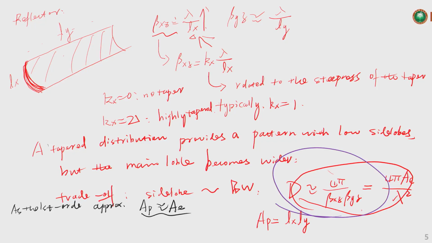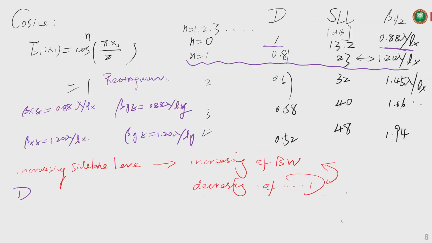It's related to the beamwidths in x and y. So that means the directivity is going to decrease more significantly.